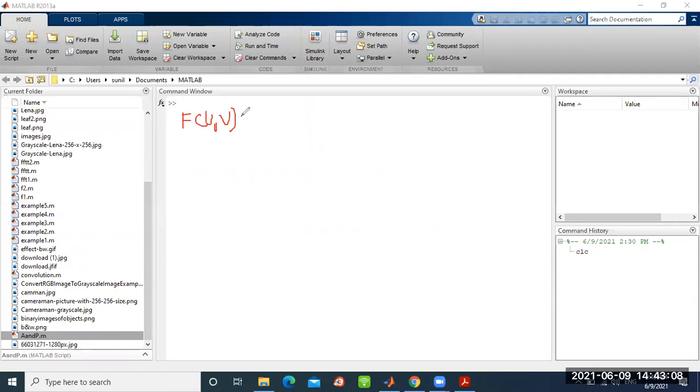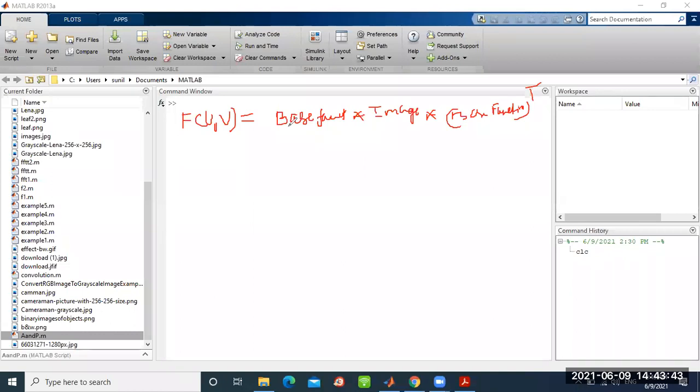Okay, so F of u is basically generated how? It will be your base function multiplied by your actual image matrix, then multiplied by your base function transpose. Your base function is also called the kernel function, which is nothing but a basic building block.